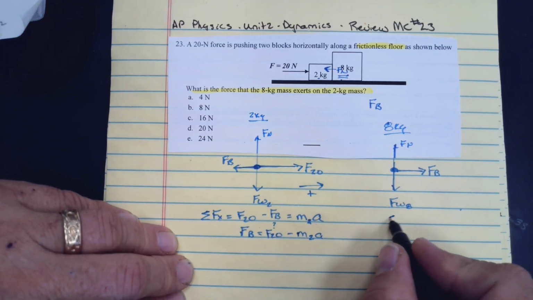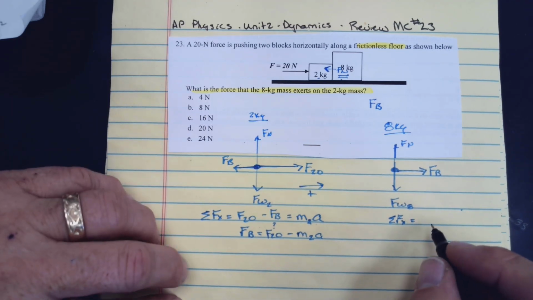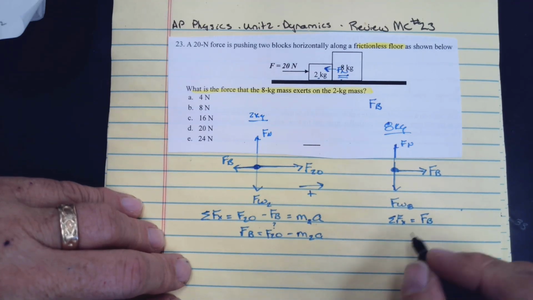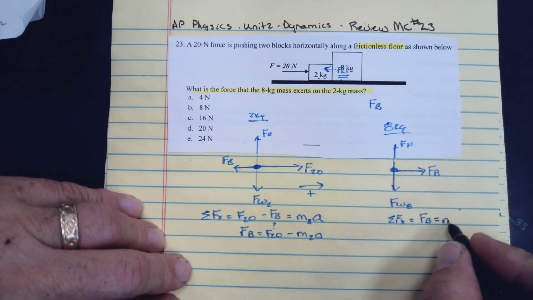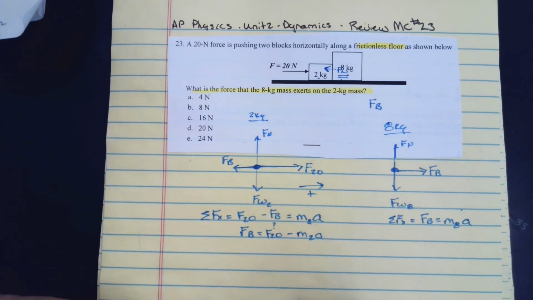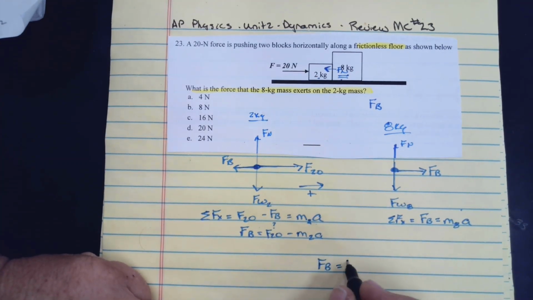I do the same over here. I have F of B as my only force, and that is equal to the mass of the 8 kilogram block times acceleration. We agreed that the acceleration has to be the same for both of those.